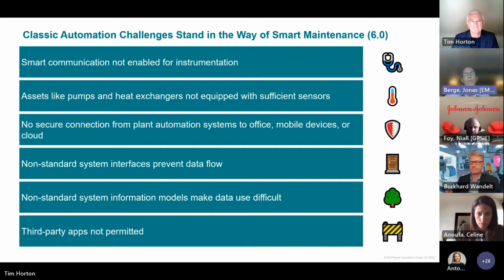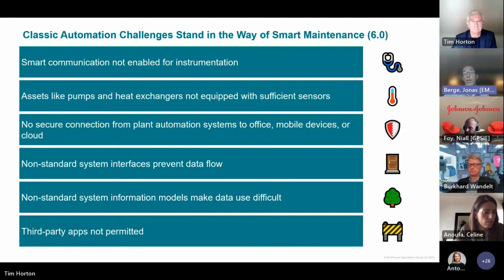So why haven't plants already implemented smart maintenance to reduce maintenance cost and downtime, as well as for improved sustainability? Well, because most plants lack the automation required for smart maintenance practices. Current limitations include smart communication not enabled for instrumentation, and equipment like pumps not fitted with sufficient sensors.